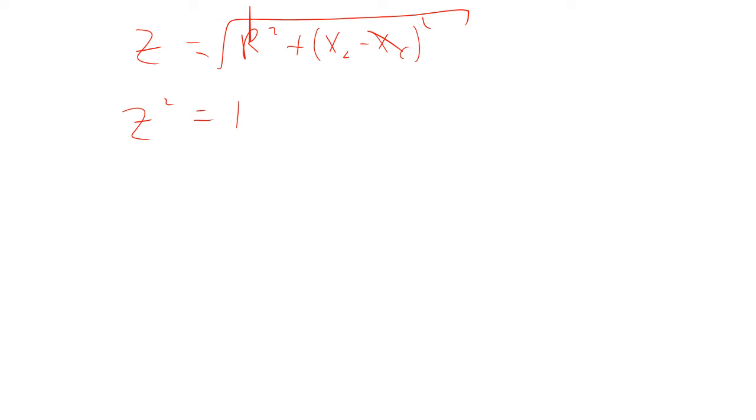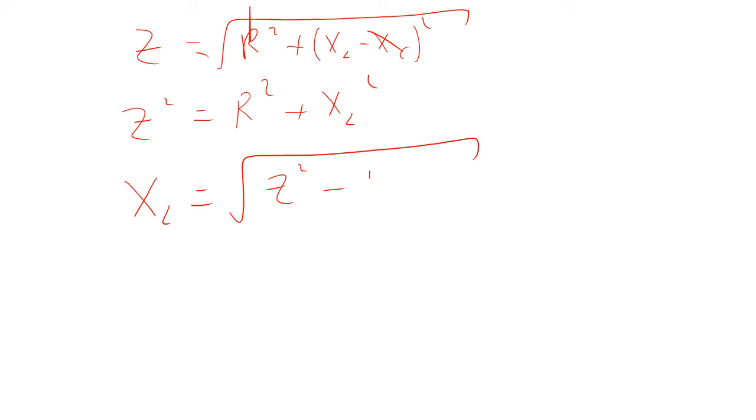Well, we know that Z is the square root of R squared plus (XL minus XC) squared. Okay, there is no XC because we said we can't have that, so we do some algebra. Z squared equals R squared plus XL squared. XL is going to be the square root of Z squared minus R squared.